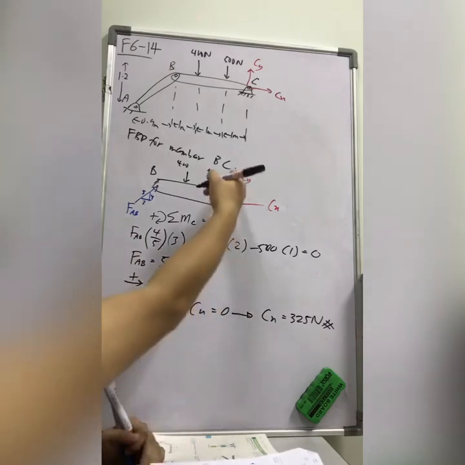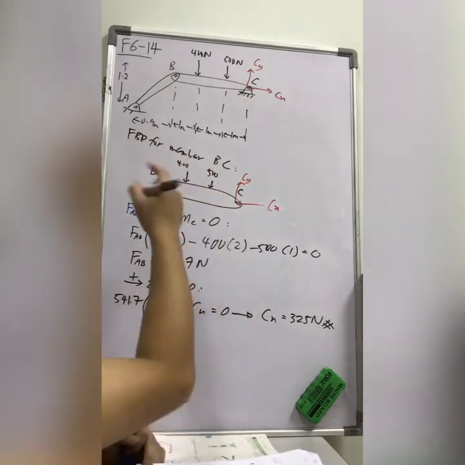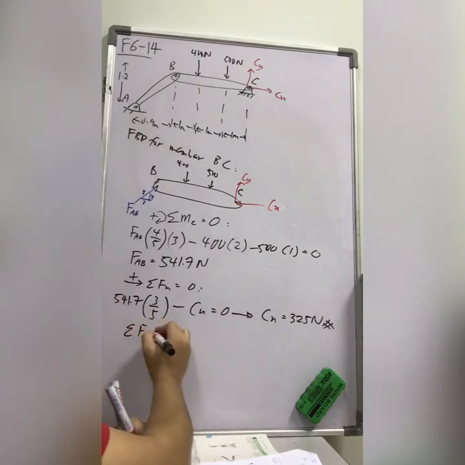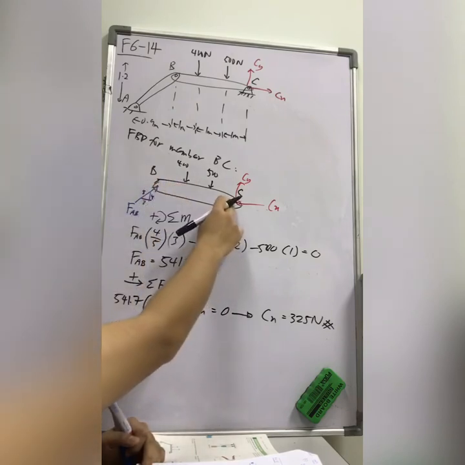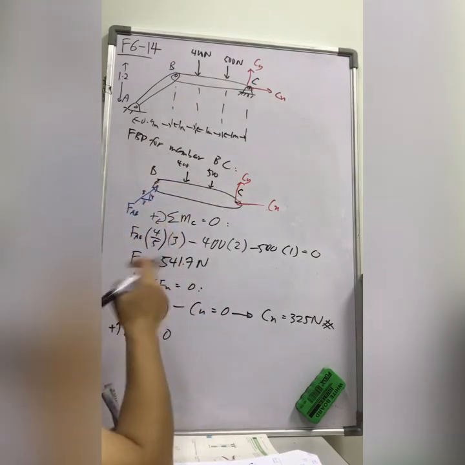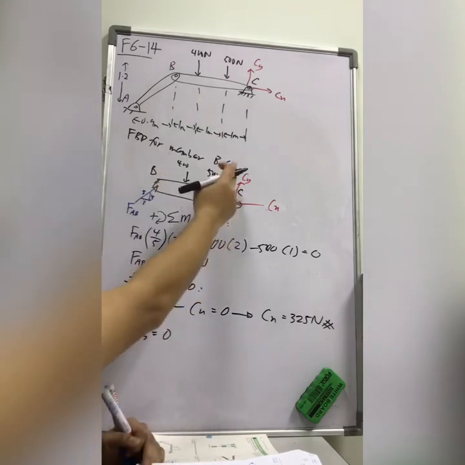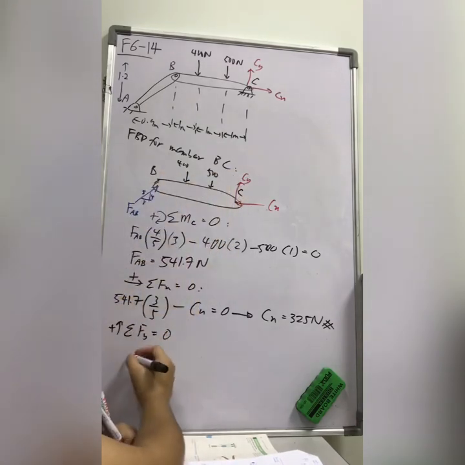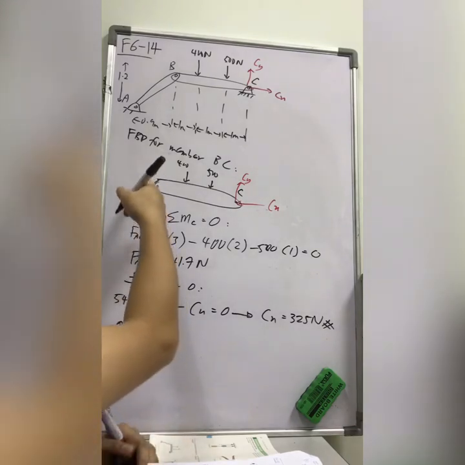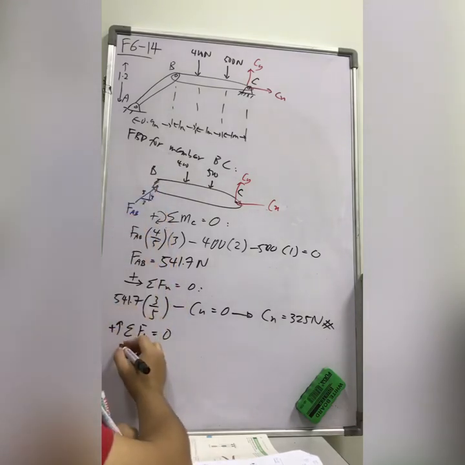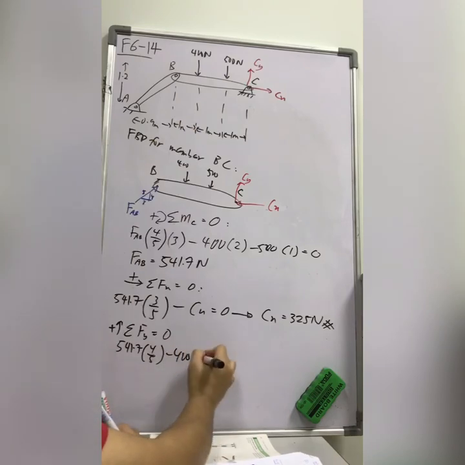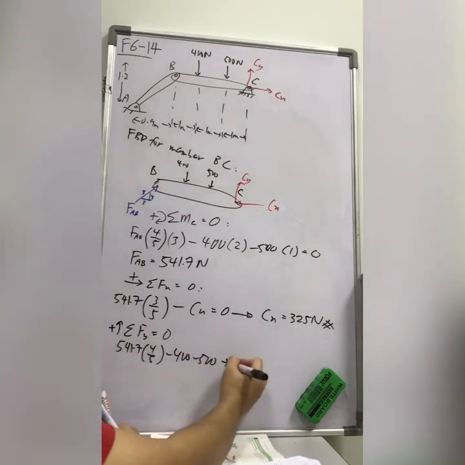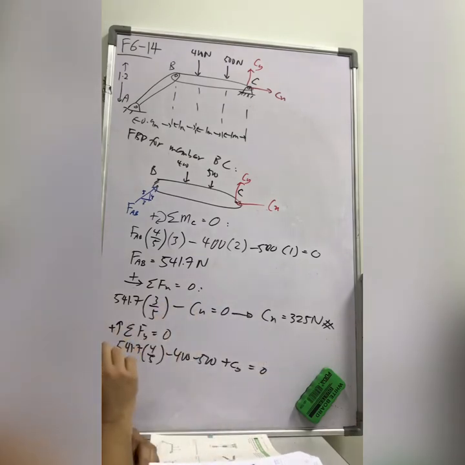Then to find Cy, you can do moment or you can do the sum of Fy. It doesn't matter. If you do the sum of Fy equals 0, you have the y component of FAB, which is 4/5 of 541.7, minus 400, the external load, minus 500, the external load, plus Cy equals 0.